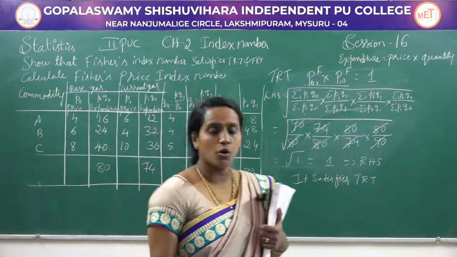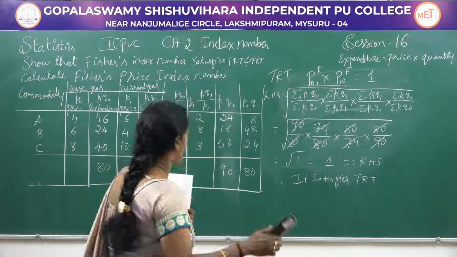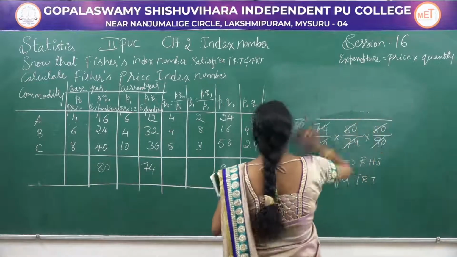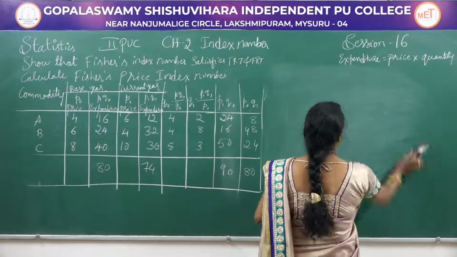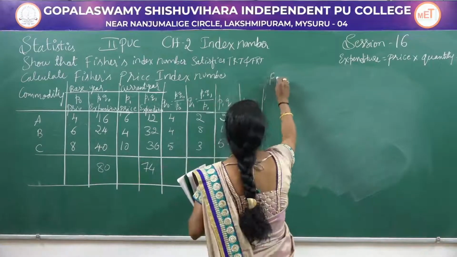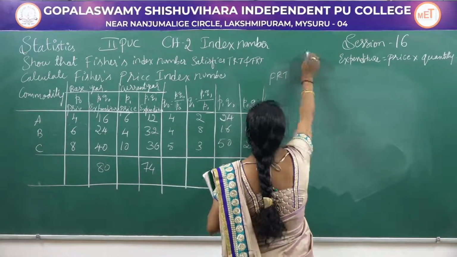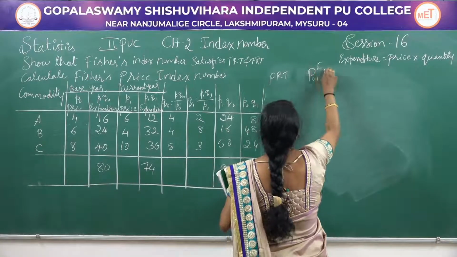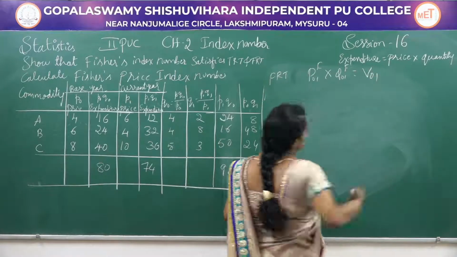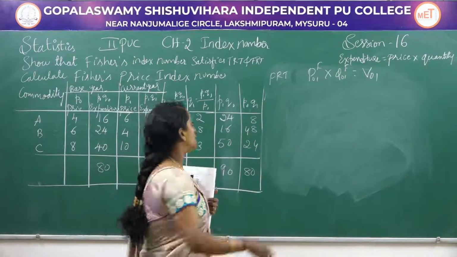Next, we have to show it satisfies the factor reversal test. The condition for the factor reversal test is P01 of Fisher's into Q01 of Fisher's is equal to V01, that is the value index number.